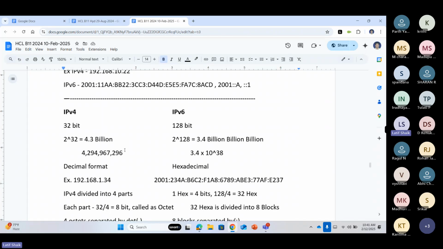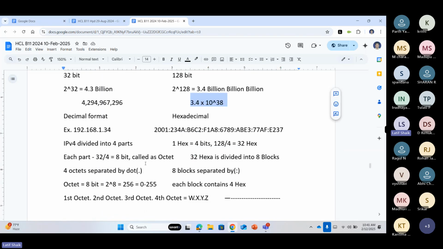The total number of IPv4 addresses is 4.3 billion. In IPv6, we get 3.4 times 10 to the power of 38 IP addresses. It's a very big address, and a very big number of IP addresses, billions of IP addresses.